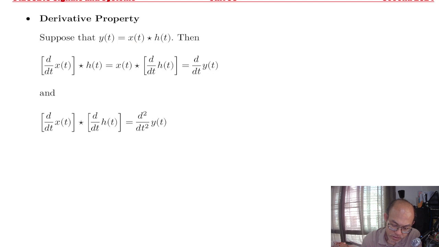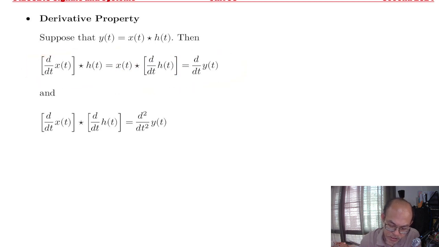Then if we take a first derivative of x and convolve the derivative of x with h, the result will be the same as taking the derivative of y with respect to time. Also, it is going to be the same as convolving x and the derivative of h.